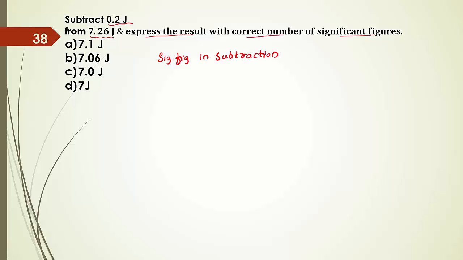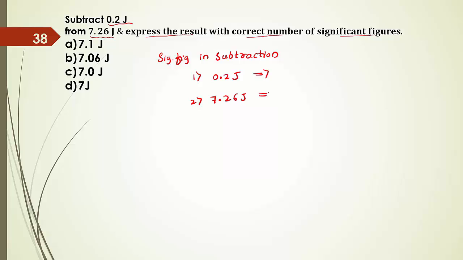Which statement do you have to remember for subtraction? In the previous problem we already solved. Significant figure in subtraction: in the final result it should contain only the least decimal places. That you can remember. The given numbers are 0.2 joule, this is the first number. Second number is 7.26 joule.